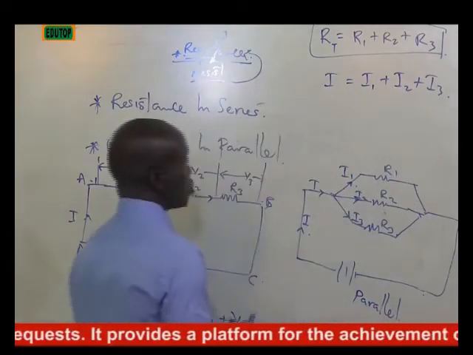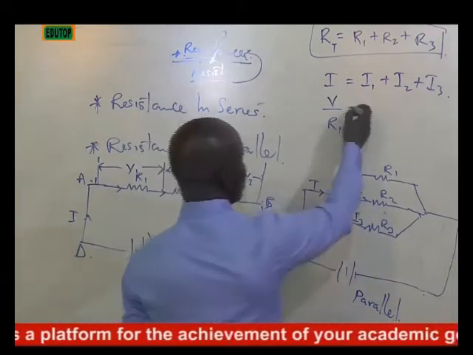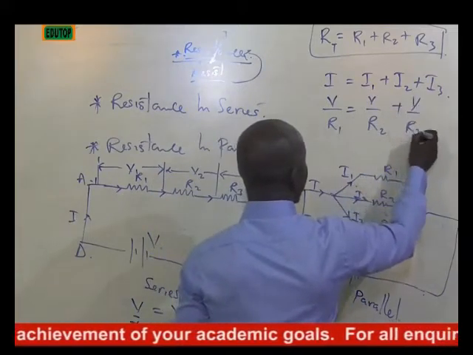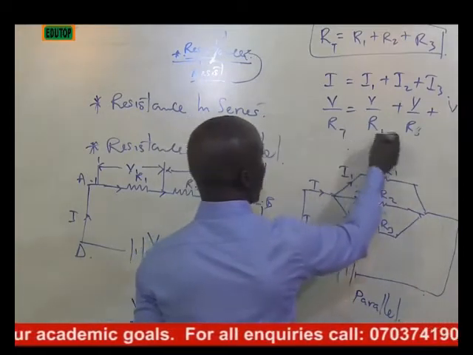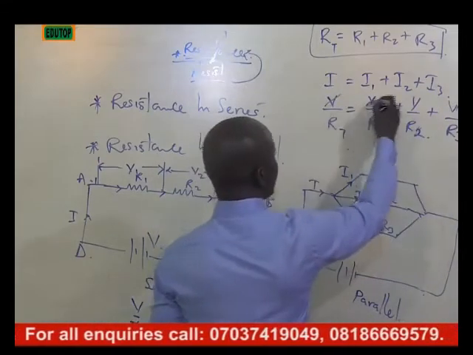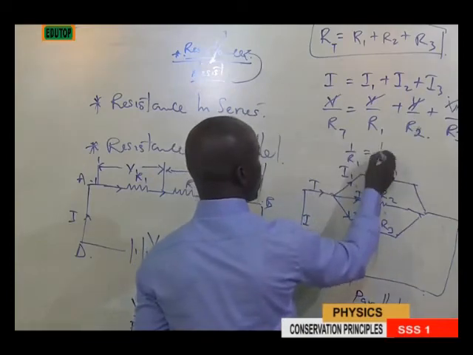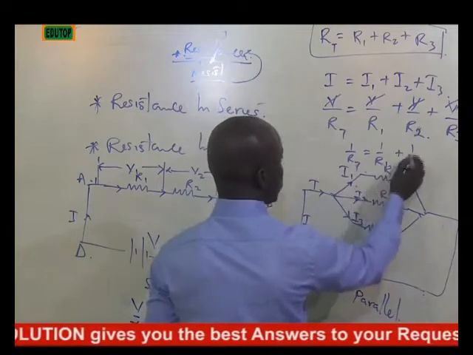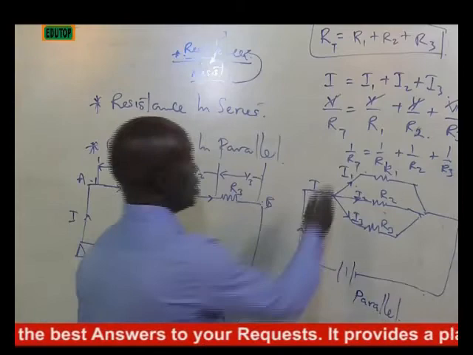That's why. So if you are to break this down, recall your I is now V over R1 equals V over R2 equals V over R3 plus what? Sorry, this is supposed to be RT, R1, R2, then R3. So if you cancel out your V, you are going to have 1 over RT equals 1 over R1 plus 1 over R2 plus 1 over R3.